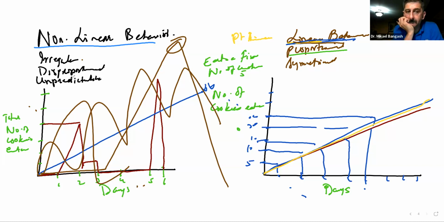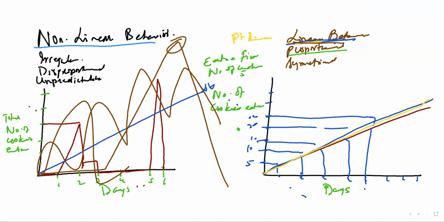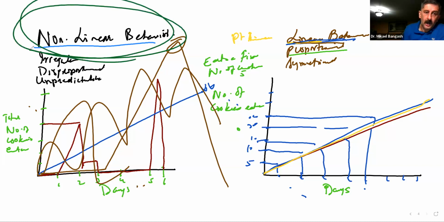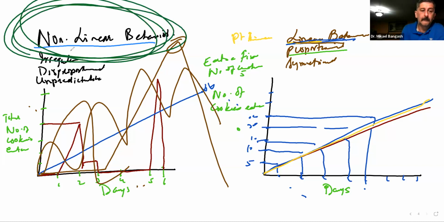Did that make sense? Yes, it did. So one of the major characteristics that your harmonics will display is that they're going to display what we'll call a non-linear behavior.